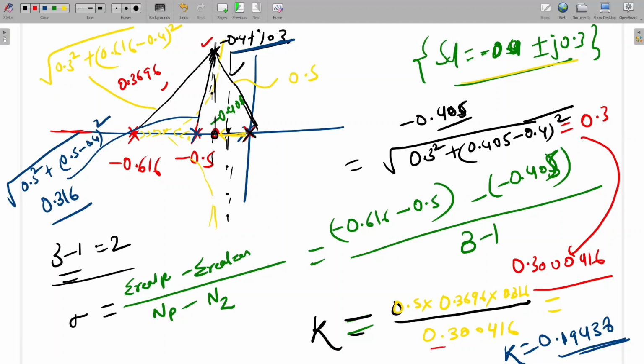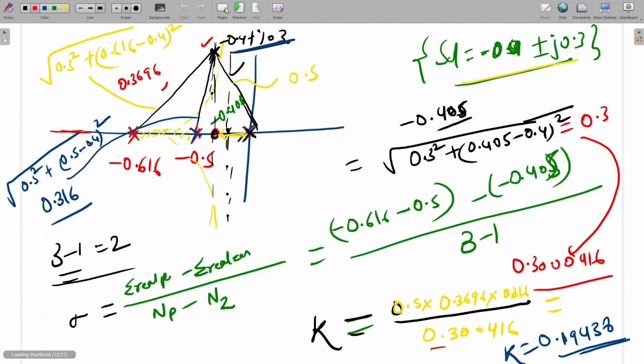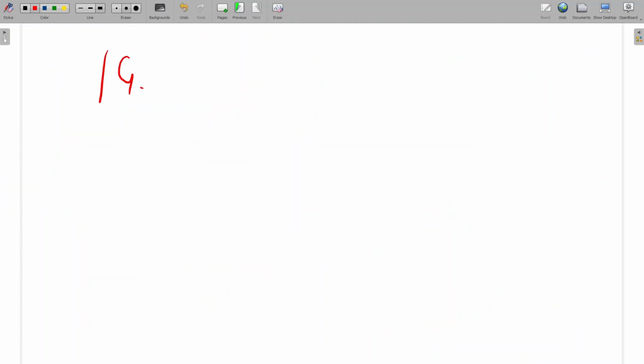Okay. So now we'll see the same thing with the magnitude criteria. I have already told the magnitude criteria. So the magnitude criteria is G C F S D should be equal to 1.